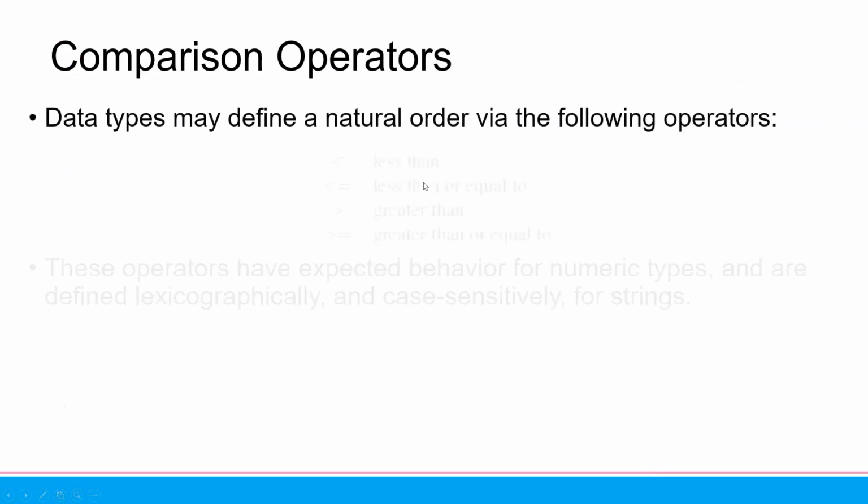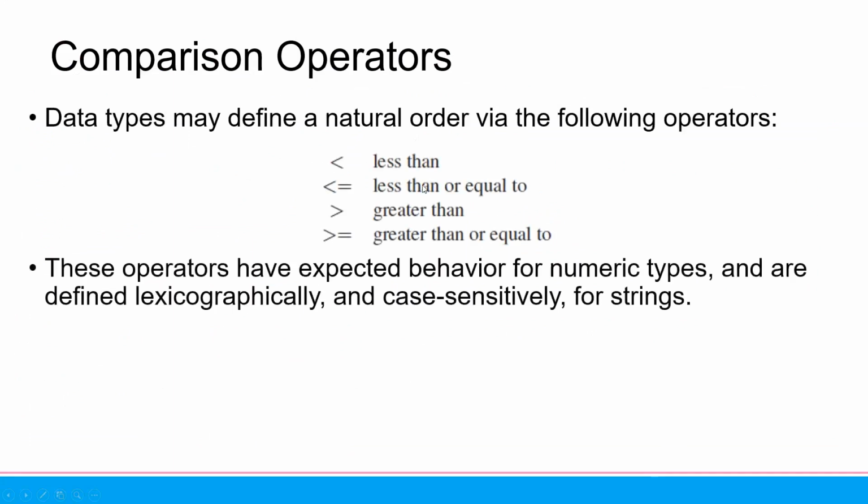Comparison operators. So you already know the less than, equal to, greater than, equal to. And these operators have expected behavior for numerical type and are defined lexicographically. Do you know what it means by this lexicographic?